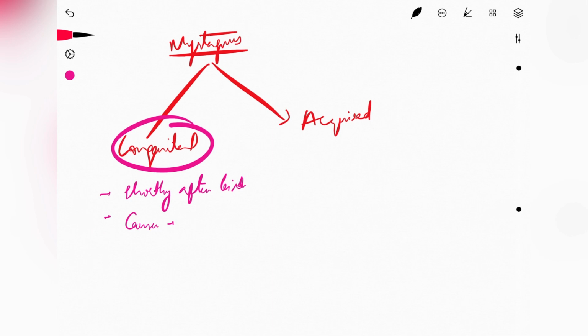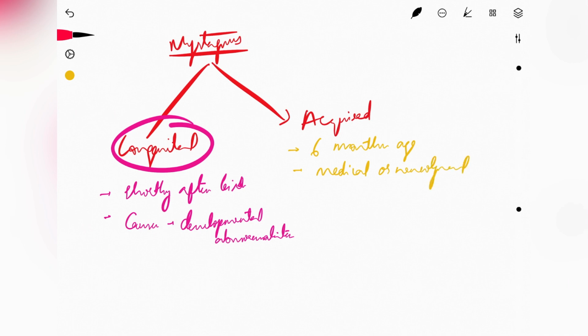Mostly it is due to developmental abnormalities in the structure of the eye or the visual pathway. When it begins anytime after 6 months of age, it's acquired nystagmus. It can have medical or neurological causes, which include head injuries, inner ear problems, and brain tumors.